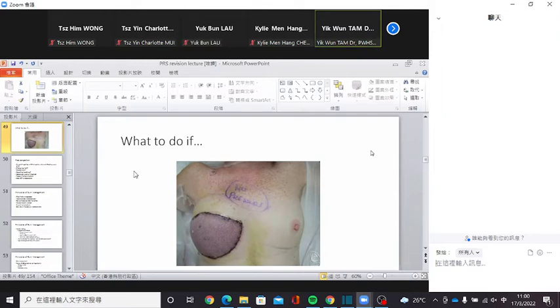And edematous is a very good term. We'll call it a very turgid flap because the flap is very engorged with a lot of blood pooling inside. If you palpate it, you will feel it is very firm, very turgid. That's what we call it.